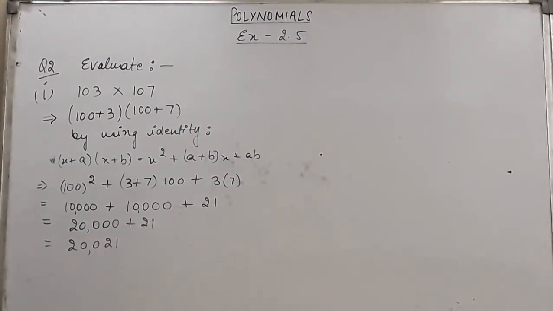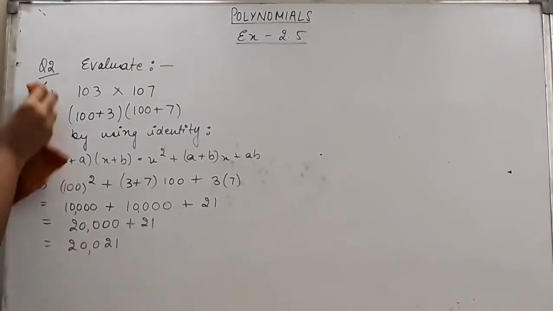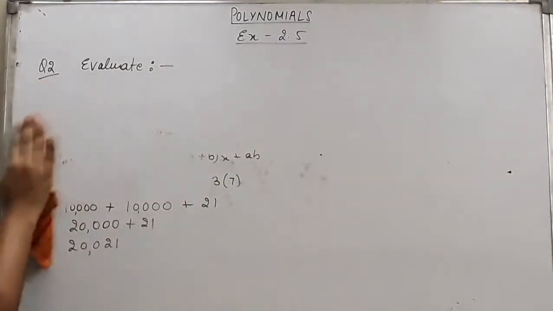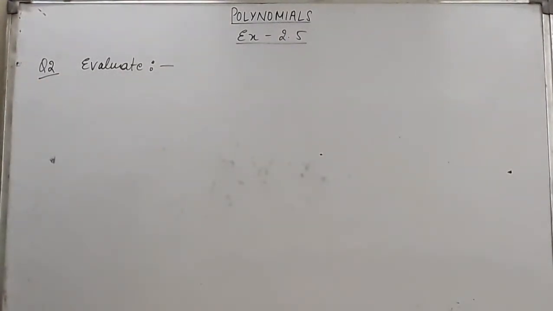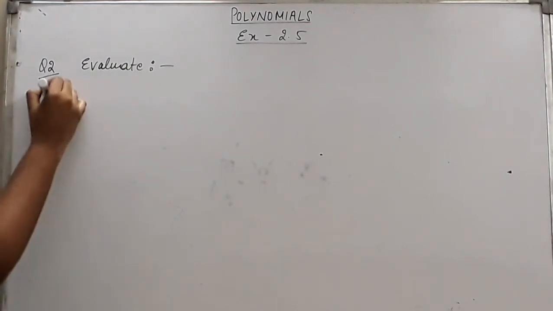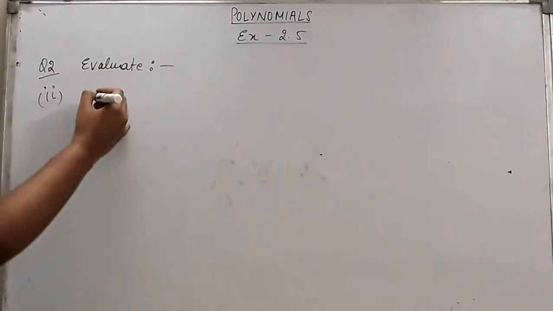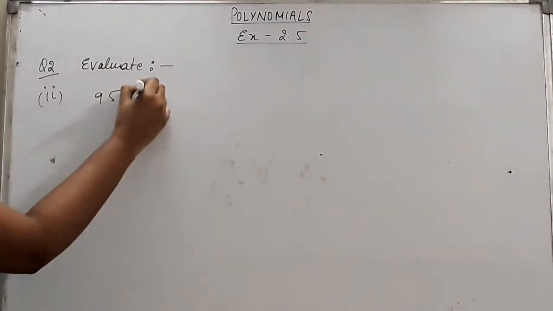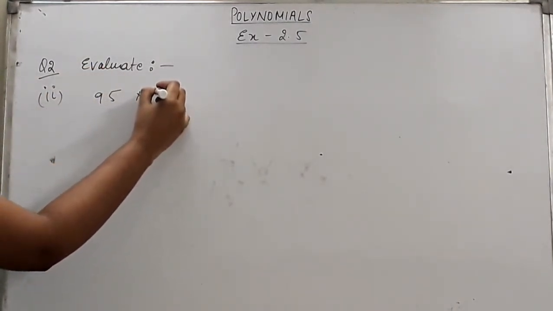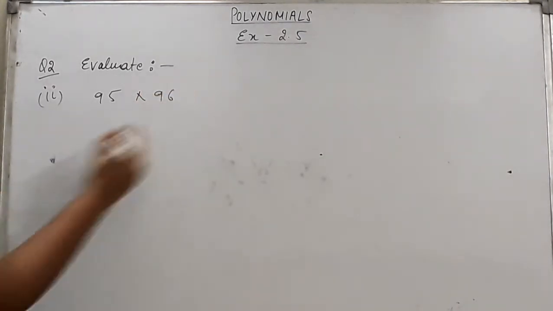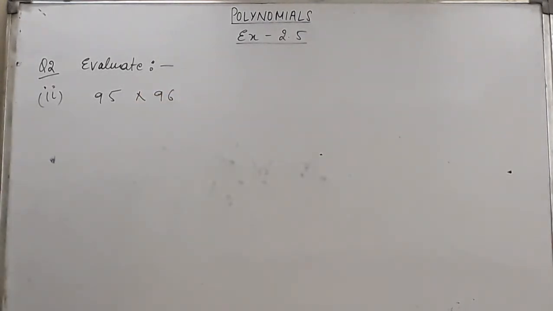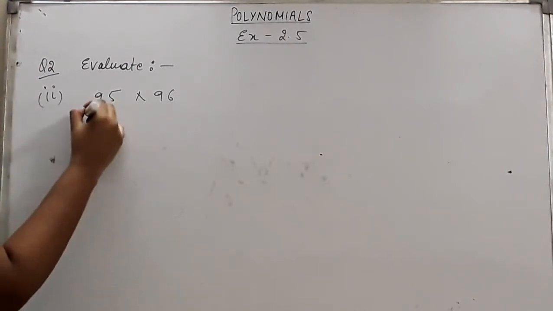Do the same in the second part also. Your second part is 95 multiplied by 96. This is the same as the first one.